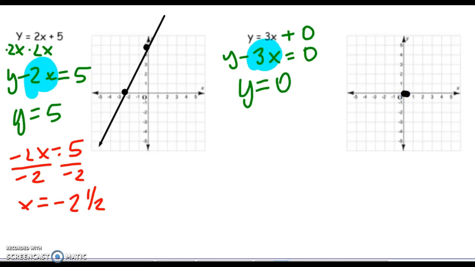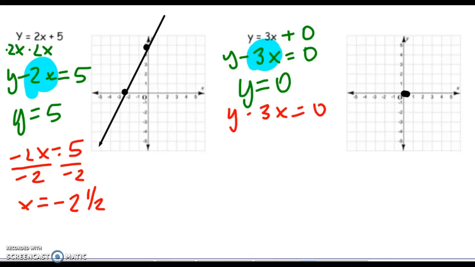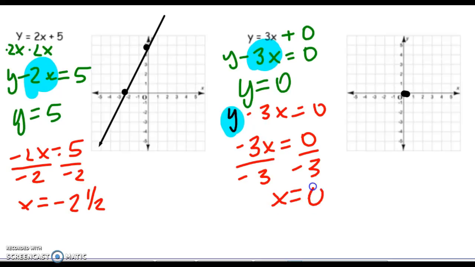And then if I want to do my second equation, y minus 3x equals 0, and I cover up my y in this case, I now have negative 3x equals 0. So I've got to divide by negative 3, which gives me x equals 0, which would be at the exact same location as before.